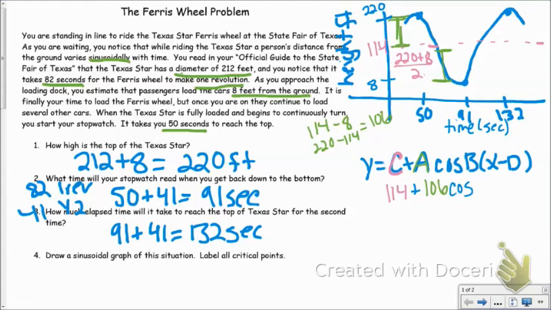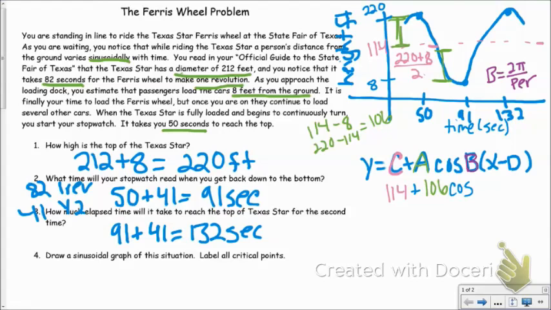Now B, if you remember, had to do with our period. B was equivalent to 2 pi divided by my period. I need to find my period.